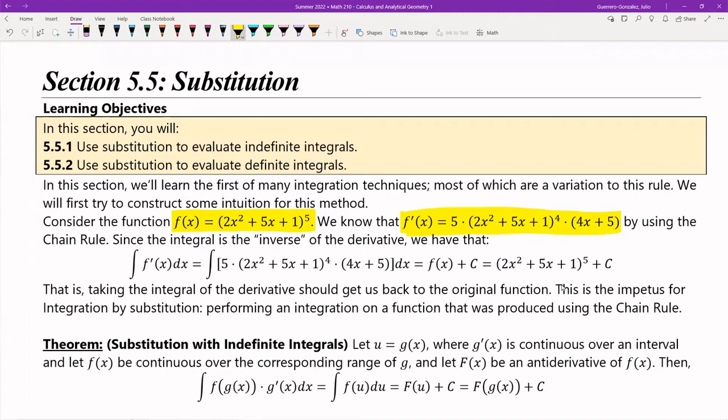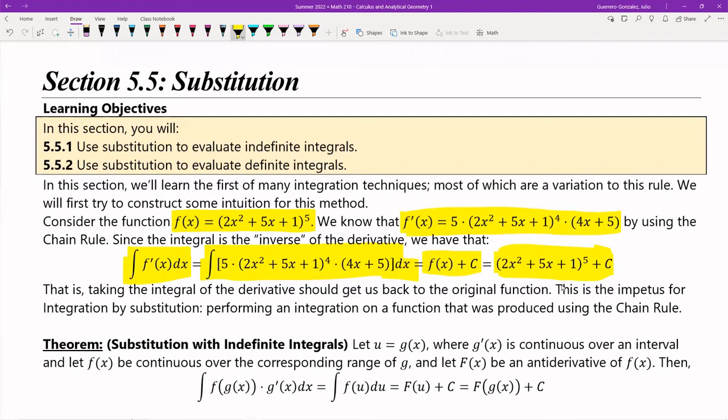That is, if I take the integral of the derivative, that's the same thing as doing this, which means I should get f of x back plus a constant C. So my integral should be this, and that's solely by taking the integral and the derivative as inverse operations of each other. If you have the integral of a derivative, they should cancel out. If you have the derivative of an integral, they should cancel out, okay?